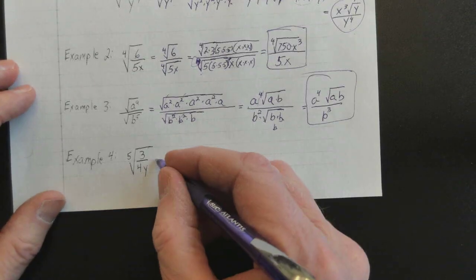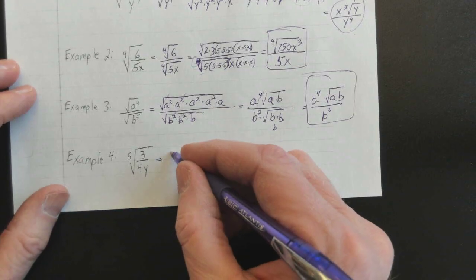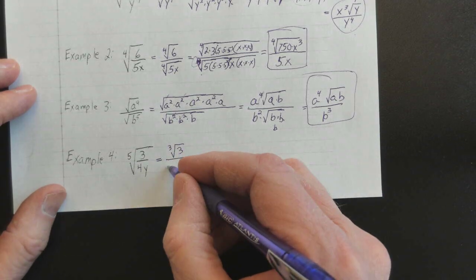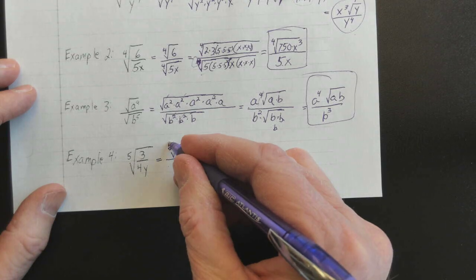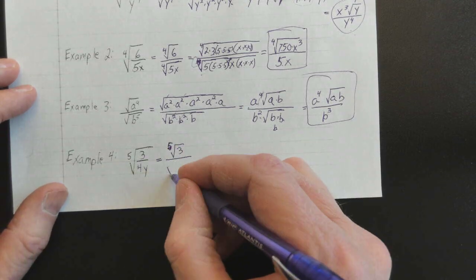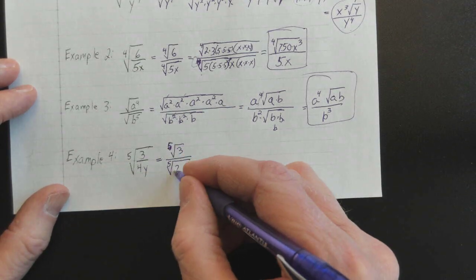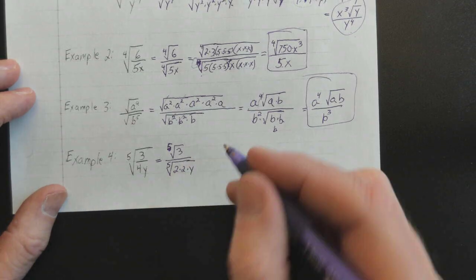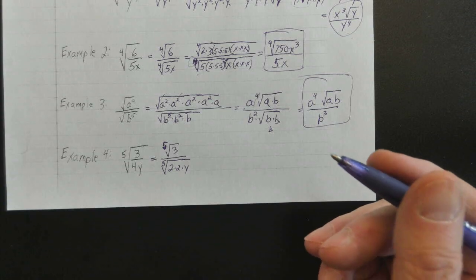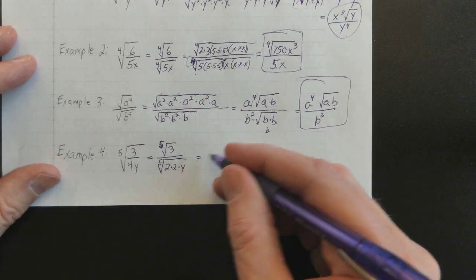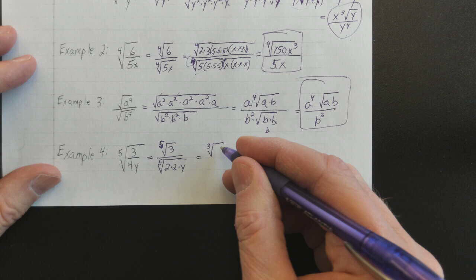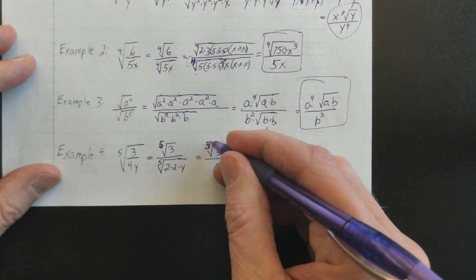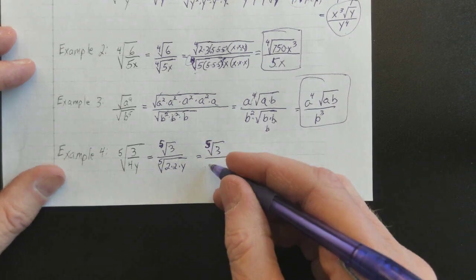All right, one more example. 5th root of 3 over the 5th root of 2 times 2 times y. Factoring it out, right? So I have the 5th root of 3. I got a mental block there, guys.